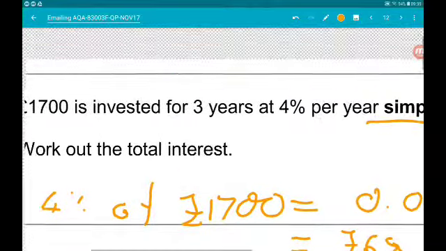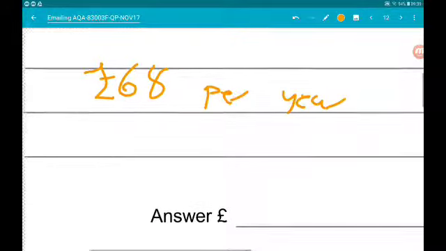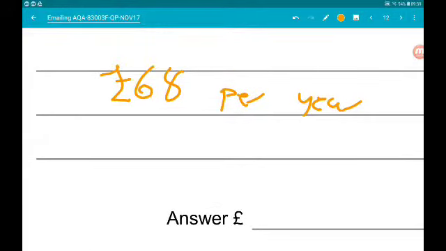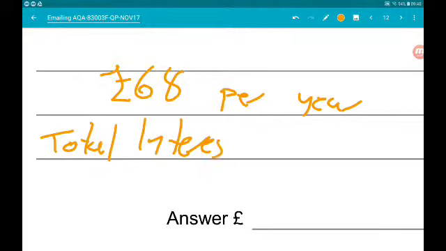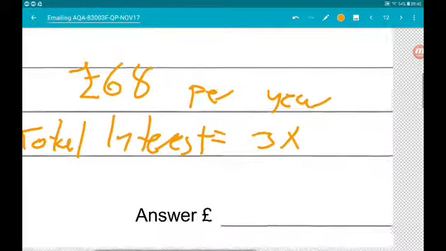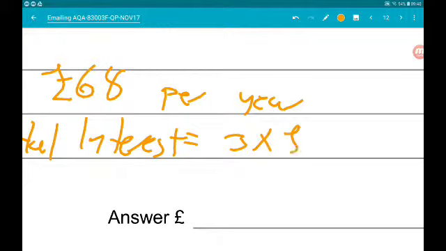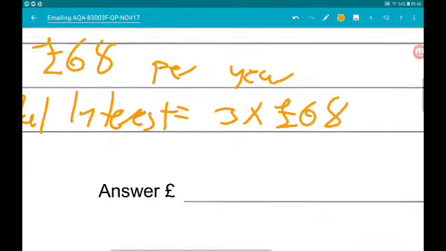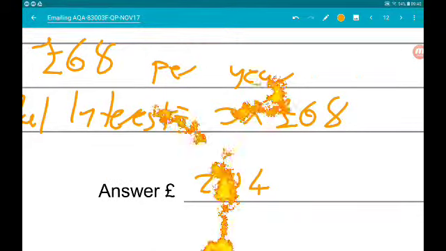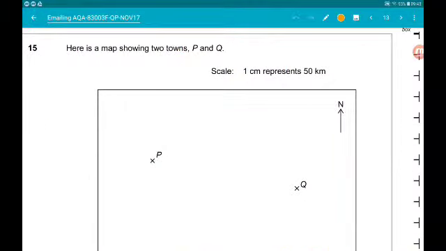So for 3 years, total interest is 3 times 68 pounds, which is 204 pounds. Cool.